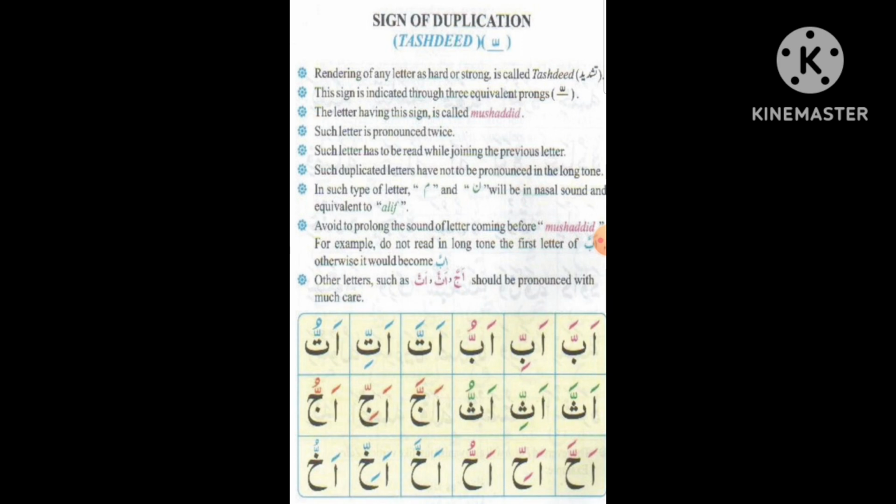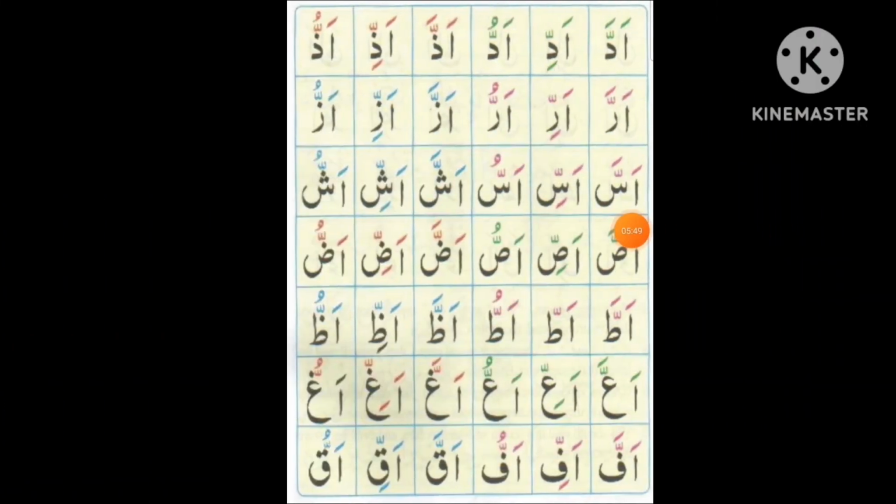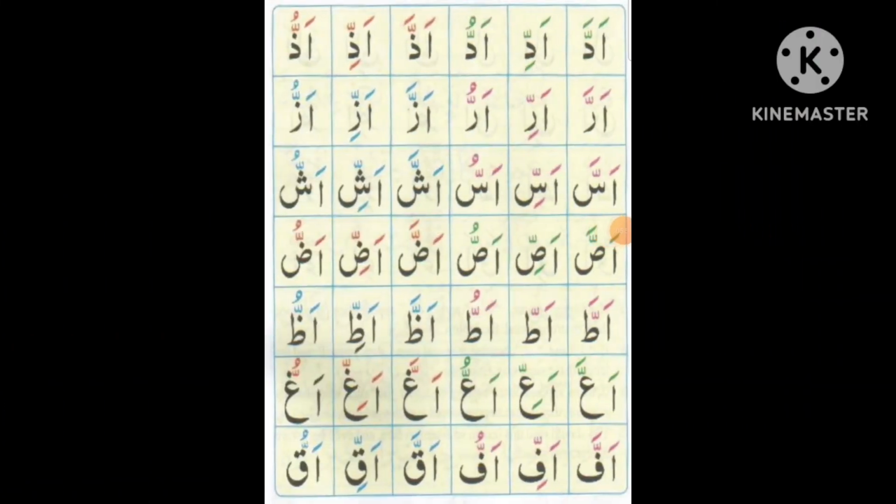I'm doing the hijay of ahha. It is Alif Ha Zabar Ah, then you have Ha Zabar Ha, ahha. Ahha. Ahhi. Ahhu. Akha. Akhi. Akhu. Adda. Addi. Addu. Azza. Azzi. Azzu.